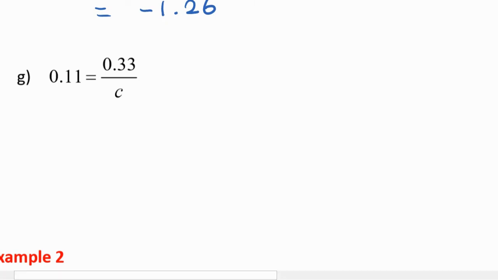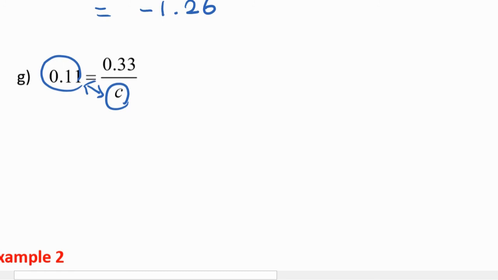Alright, next problem. Last class, I told you how to use a trick to solve this kind of problem. You have an unknown number, C, in the bottom. When you have a variable in the bottom, what you do is switch those two things to solve the problem.